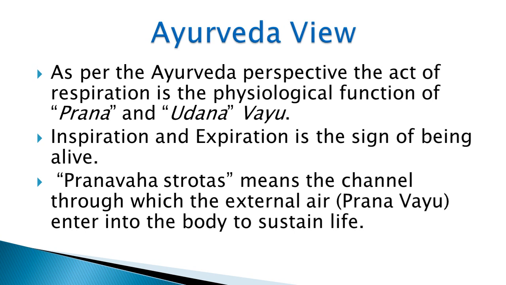Basically, prana vayu is concerned with inspiration and udana vayu with expiration. We will discuss later why we consider prana and udana as concerned with inspiration and expiration. Inspiration and expiration are the sign of being alive.